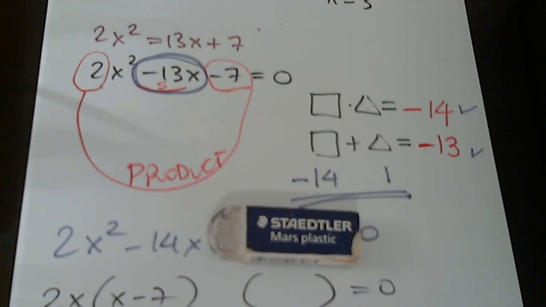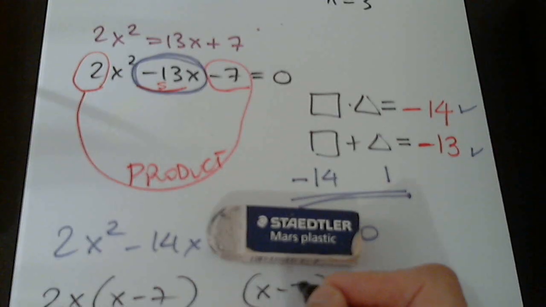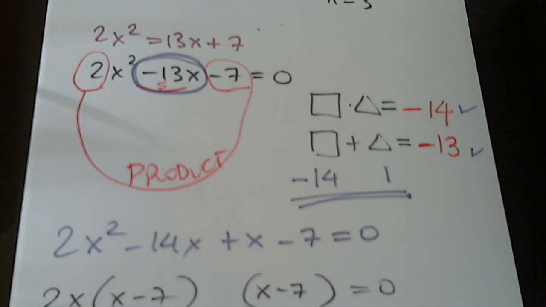I refuse to look before I write it. The reason is I may make a mistake if I don't write it first. x minus 7. Indeed. Now I look. I need a factor and the sign in front of it. Plus 1. Indeed.